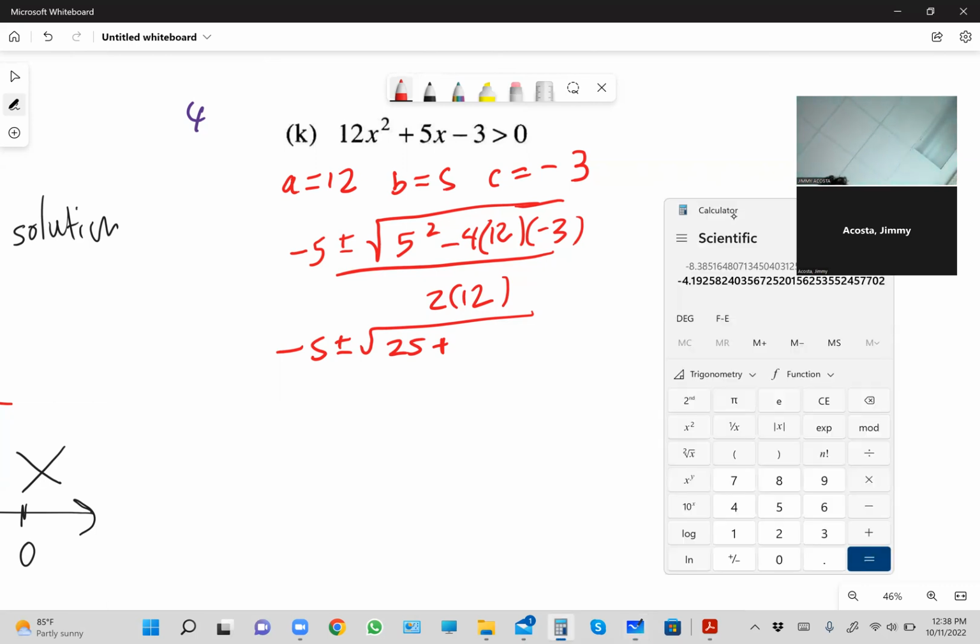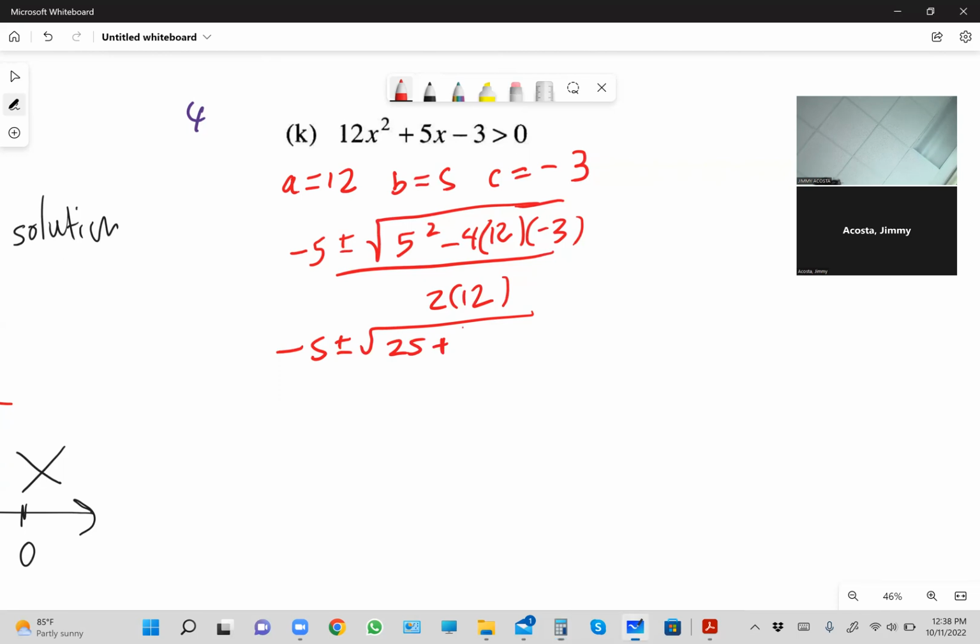So let's do the multiplication here. 12 times -3 is -36, times 4 negative is 144. And then we have 24. 144 plus 25 is 169. We have a positive discriminant, so we're going to have two solutions.